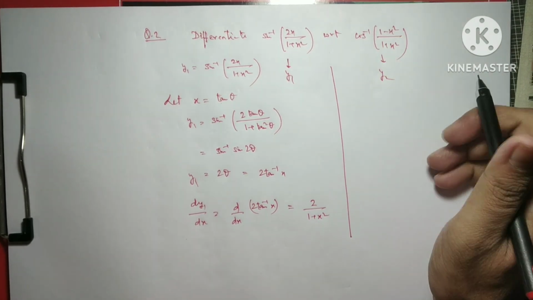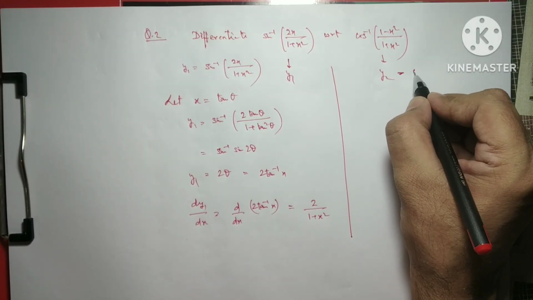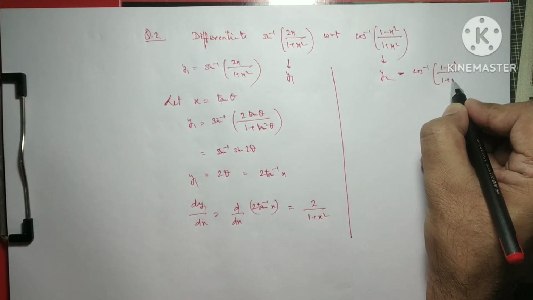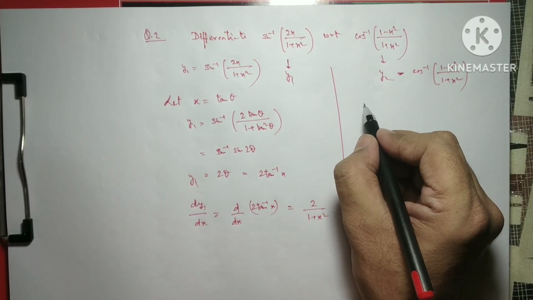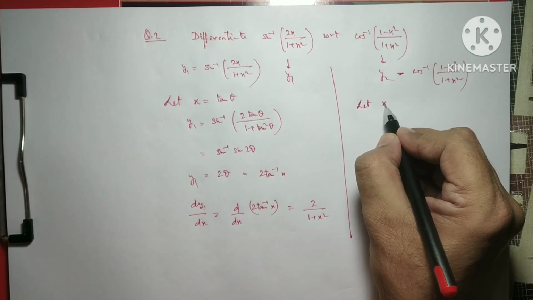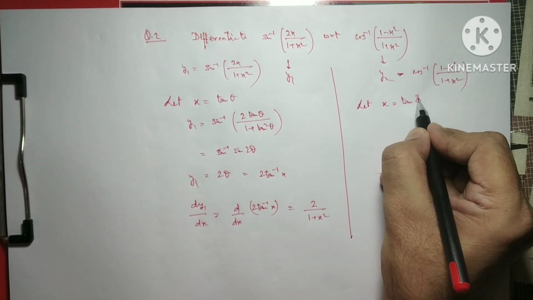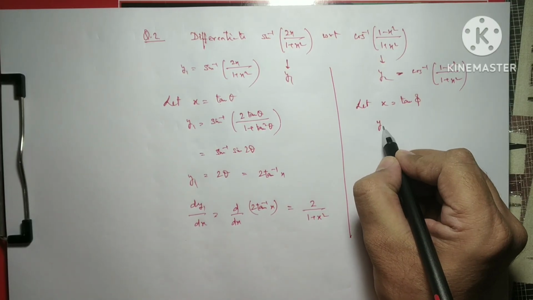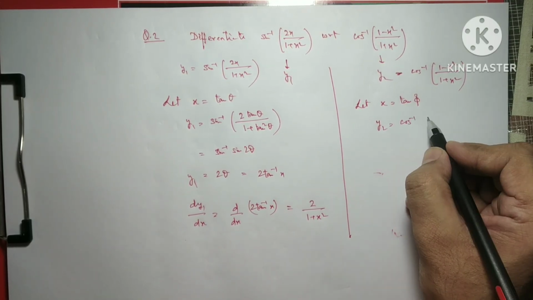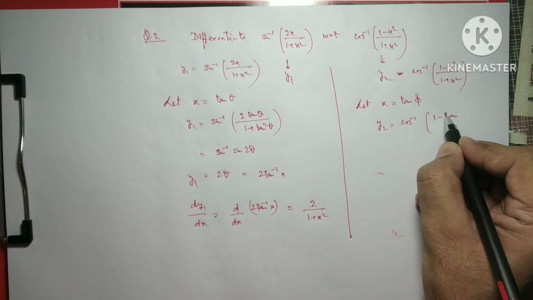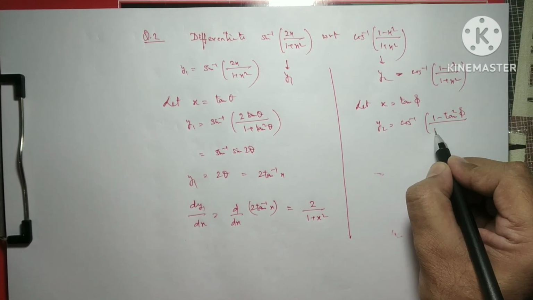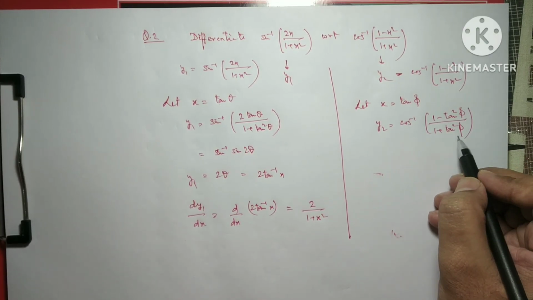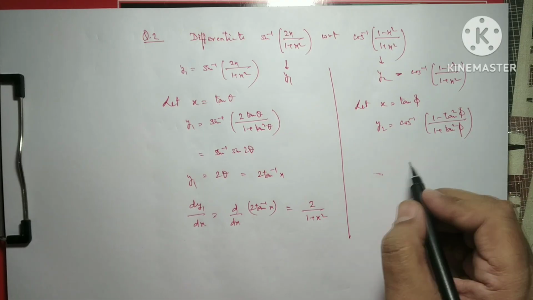So y2 is this, that is cos inverse 1 minus x square over 1 plus x square. So again let x is tan phi. So put this value, y2 is cos inverse 1 minus tan square phi over 1 plus tan square phi. So this is the formula of cos 2 phi in terms of tan.